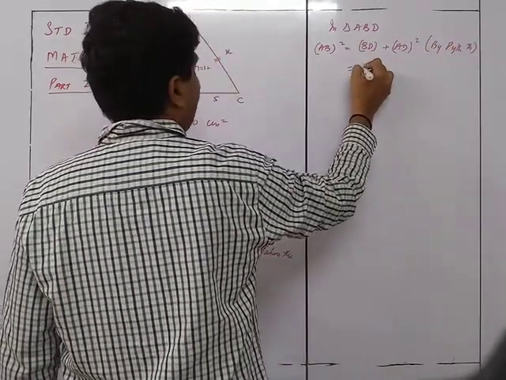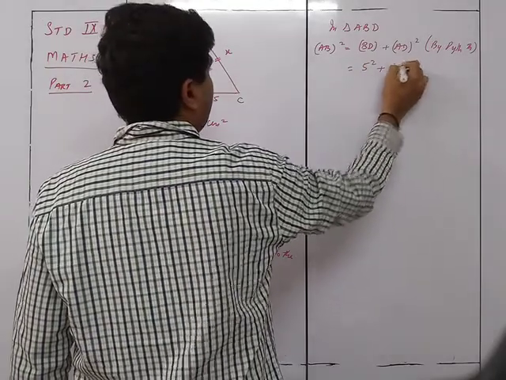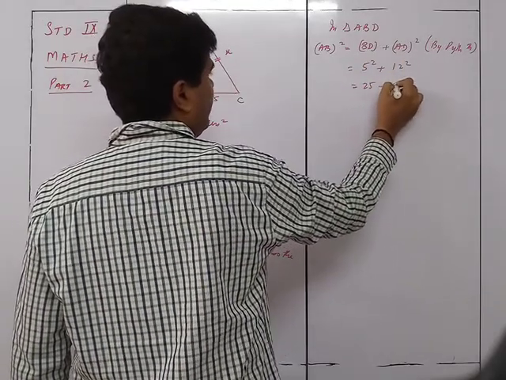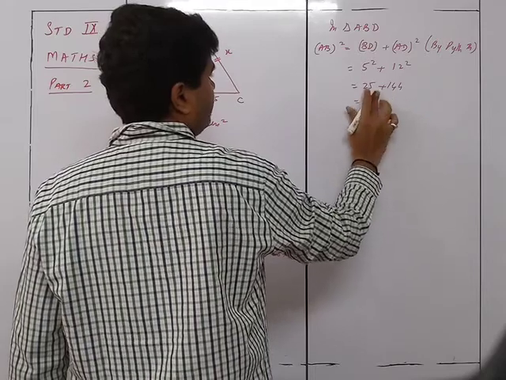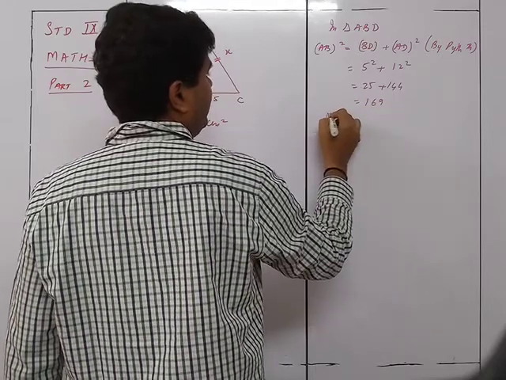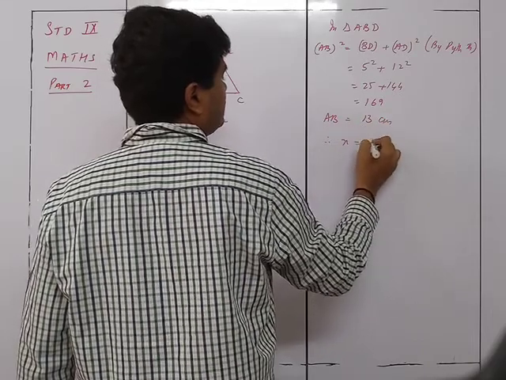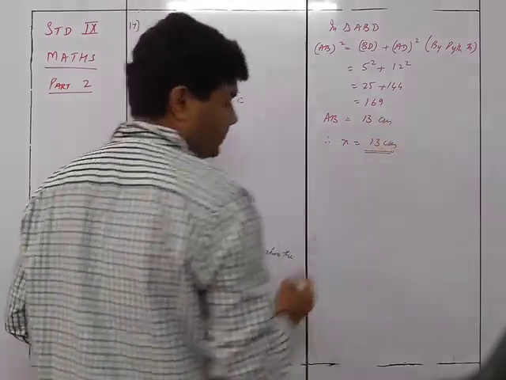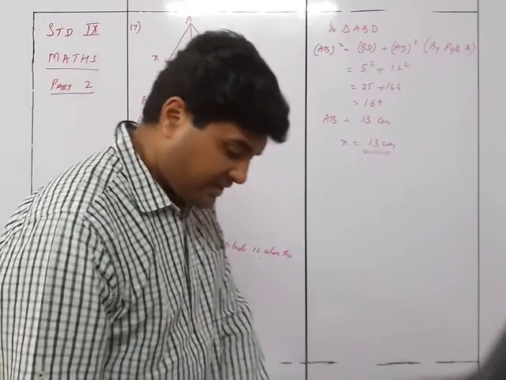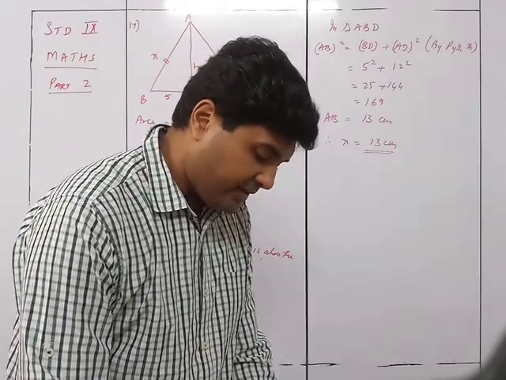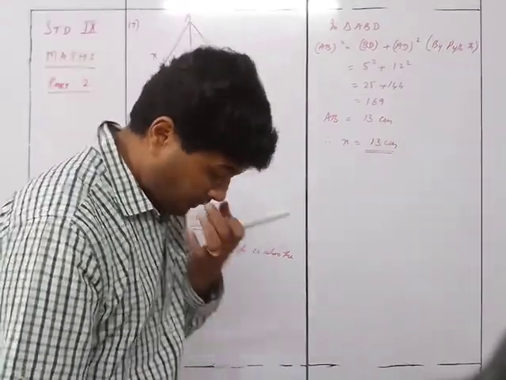So BD is 5 square plus AD is 12 square. So it's 25 plus 144, which is 169. So AB is equal to 13 centimeters. Therefore, X is equal to 13 centimeters. It was sum number 17 where the value of X is 13 centimeters.